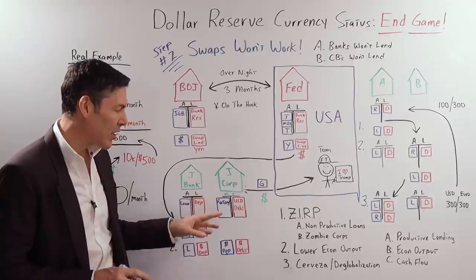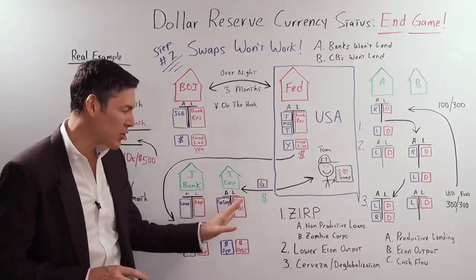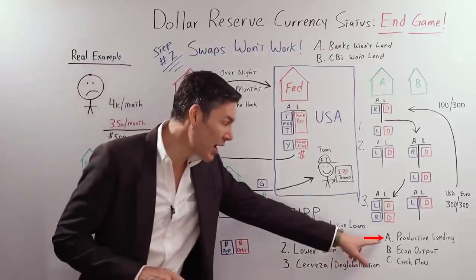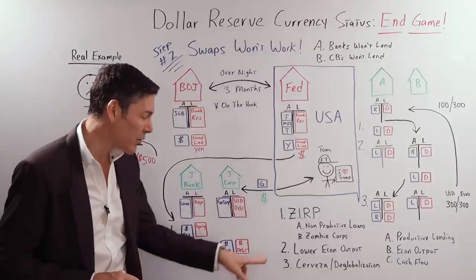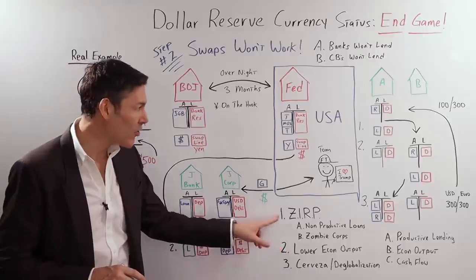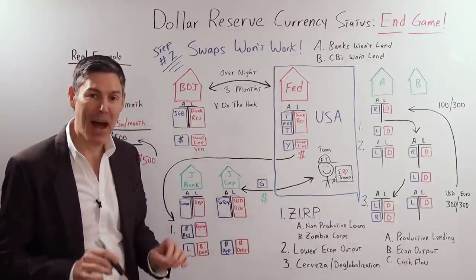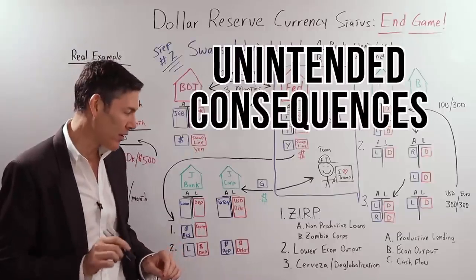So this company is one of these zombie corporations. The bank who issued them the loan initially didn't lend productively like we were talking about in step number 1. So this is lower economic output. Again, it goes back to the Federal Reserve creating all of this malinvestment with unintended consequences.